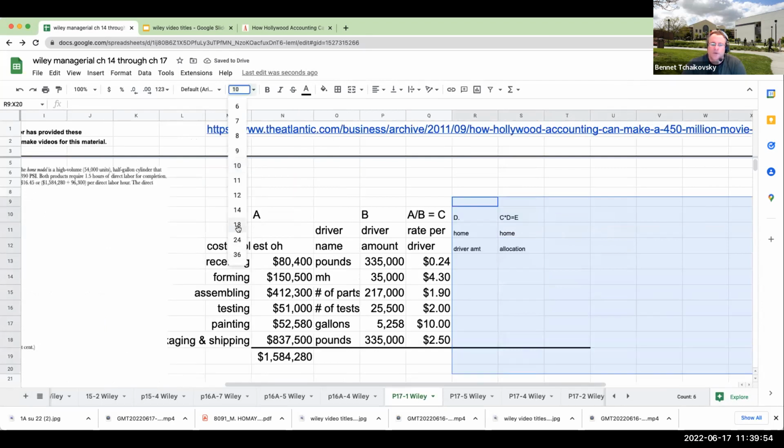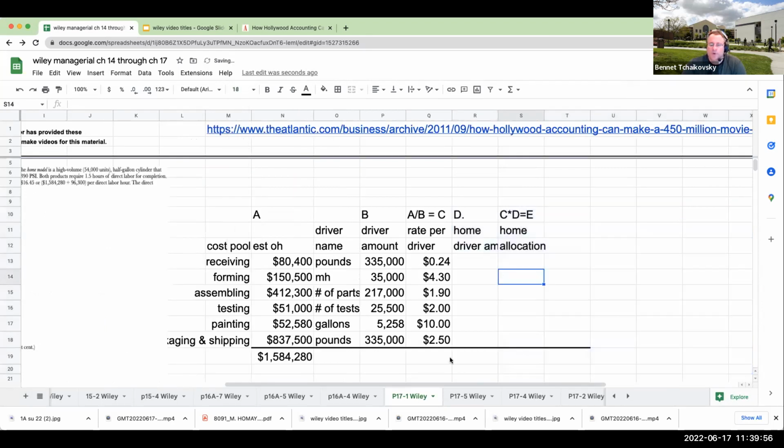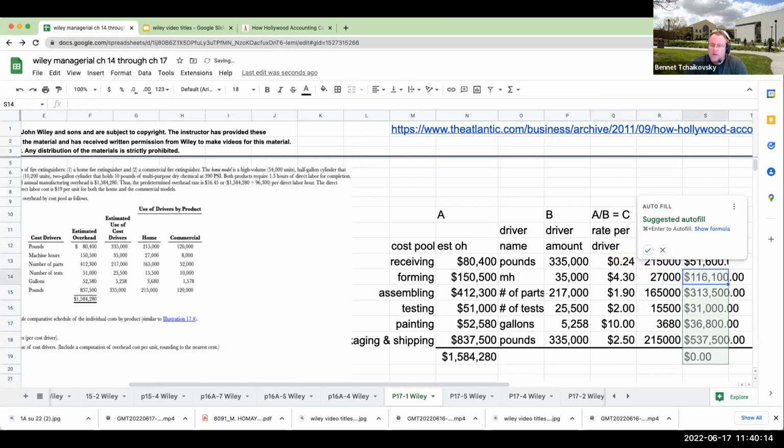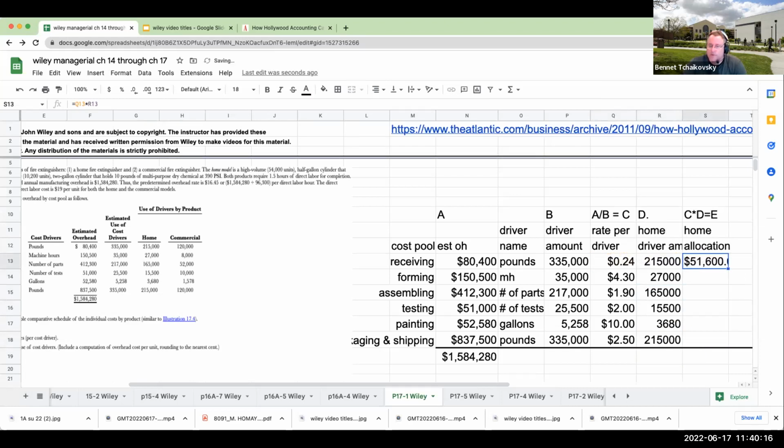So over here, when I'm looking at my home driver amount, this is showing over here at 215,000. This is 27,000, 165,000, 15,500, 3680, and then 215,000. When I multiply this through, I'm going to get 51,600.